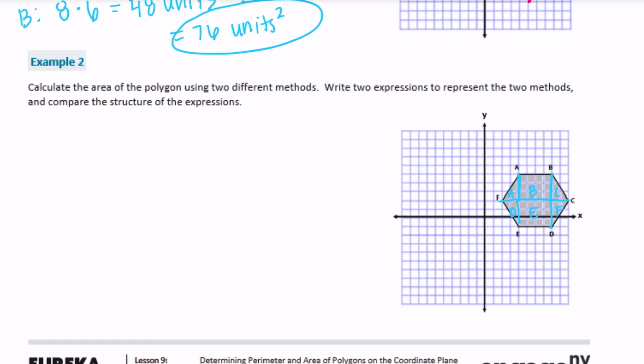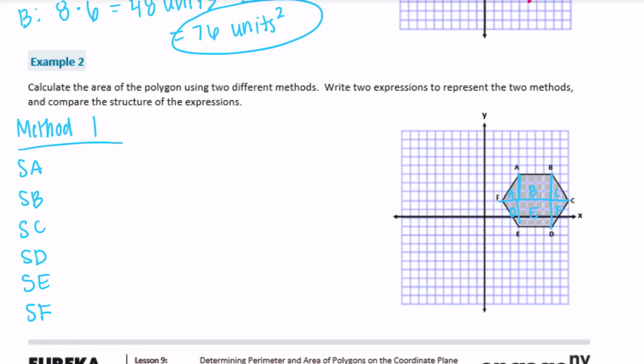So I'm going to find the area of, let's call this method 1. Okay, so we have shape A, shape B, shape C, shape D, shape E, and shape F. So we're going to find all of those and add them all together, and that'll give us the area of that whole hexagon.